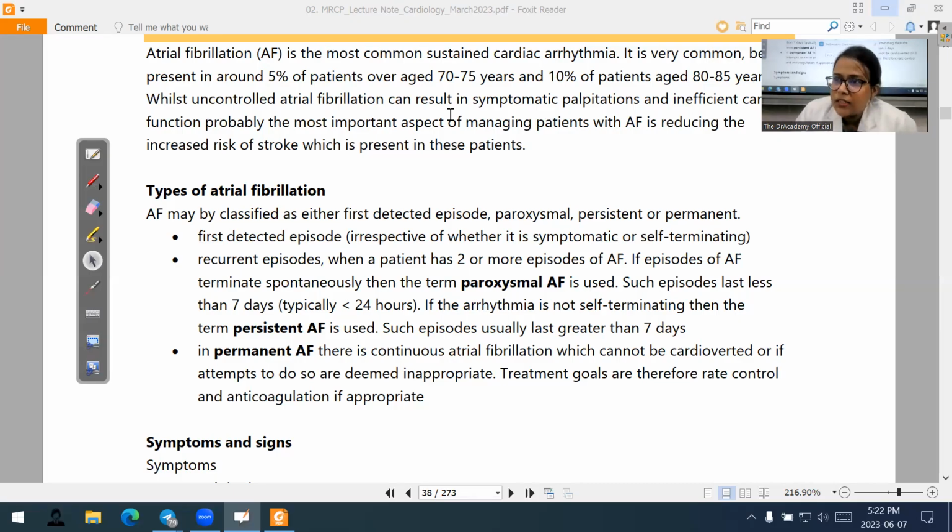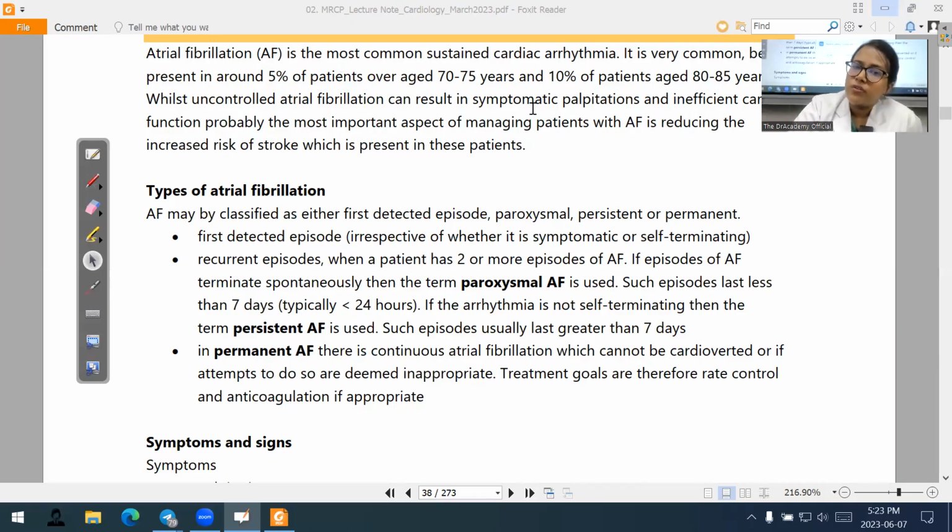Any electrical abnormality, acute alcohol intoxication, poisoning, chest injury, pneumothorax, chest infection, any type of cardiomyopathy, heart failure, uncontrolled hypertension, myocardial infarction, thyrotoxicosis, even head injury or subarachnoid hemorrhage, myocarditis, these all can cause atrial fibrillation. So the causes of atrial fibrillation are very varied and have no boundary.